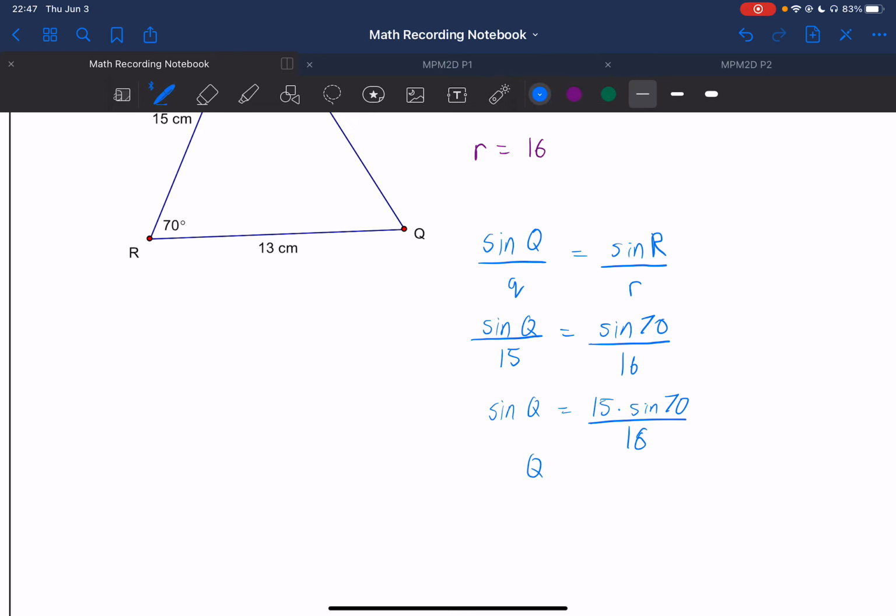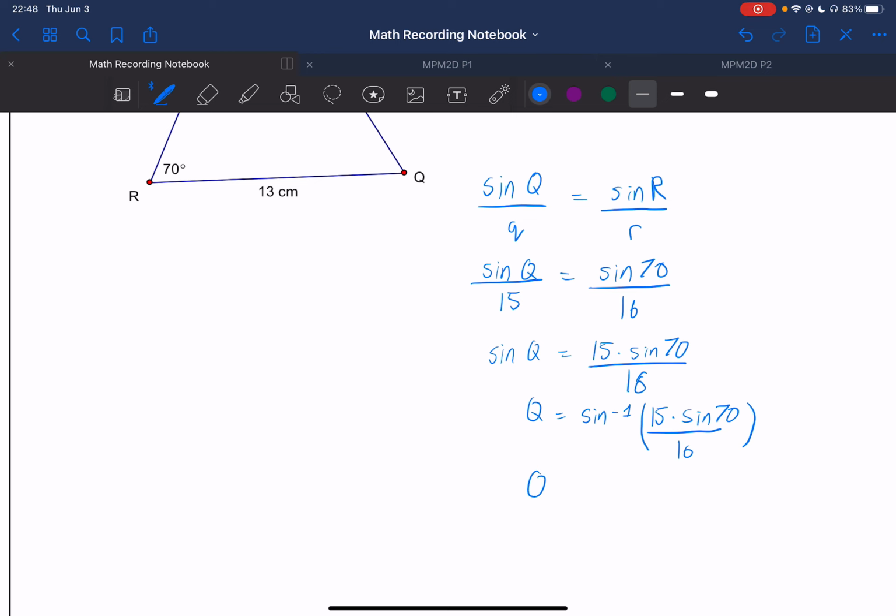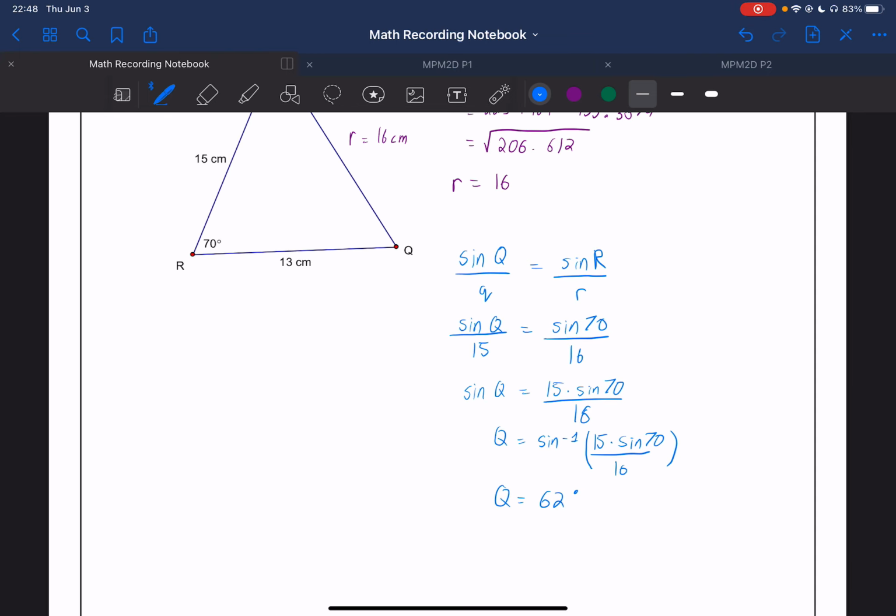So q equals the sine inverse of 15 times sine 70 over 16. When I put that in the calculator, I'm going to get, rounded to the nearest degree, 62 degrees for q.